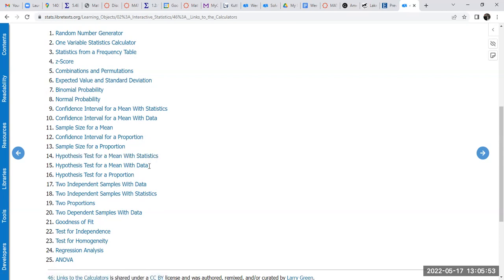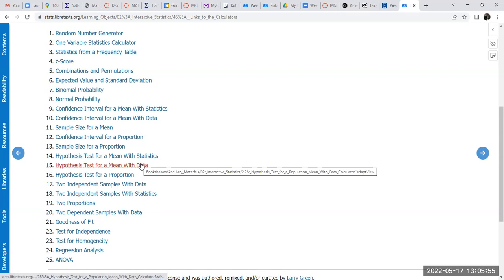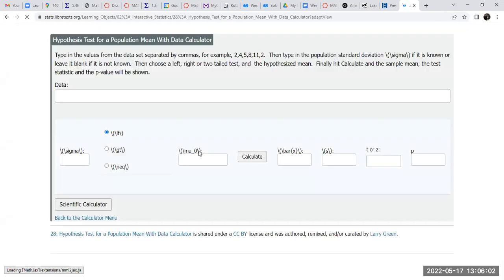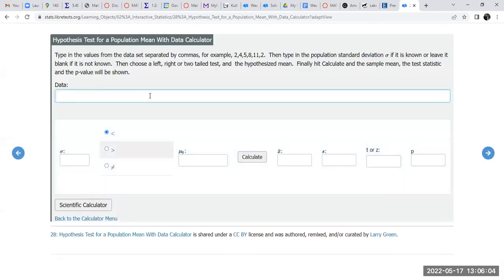Yeah, so we're going to do 15 because we have data. So I'm going to go to 15. We have a mean we're looking at because it was a mu. We have data. And just like you've done before, when there's data, you copy and paste or you type in with commas between all the data.